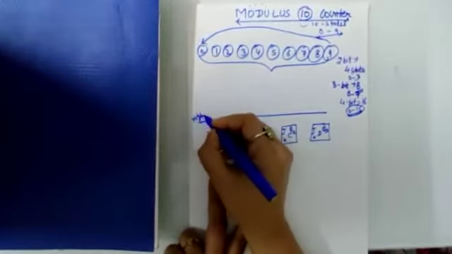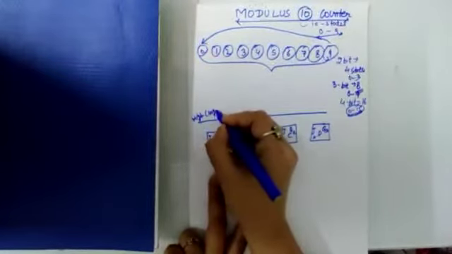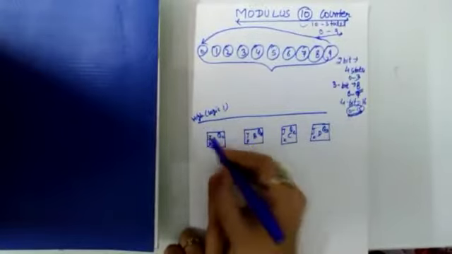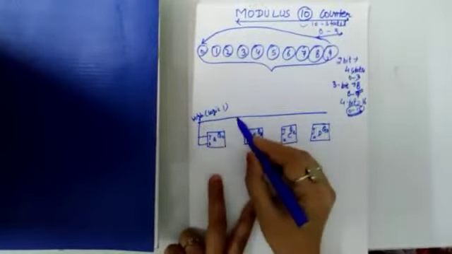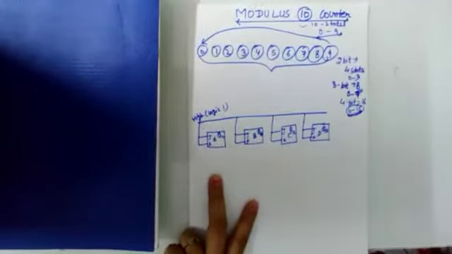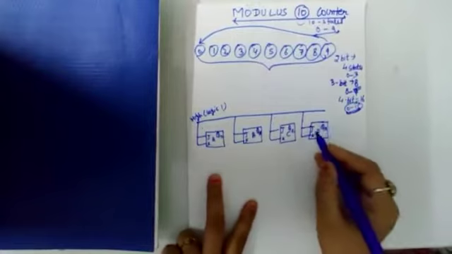I am giving a high input, or you can say logic 1. This is a control line, this logic 1 line goes to all the inputs. This is a simple 4-bit asynchronous counter I am taking.